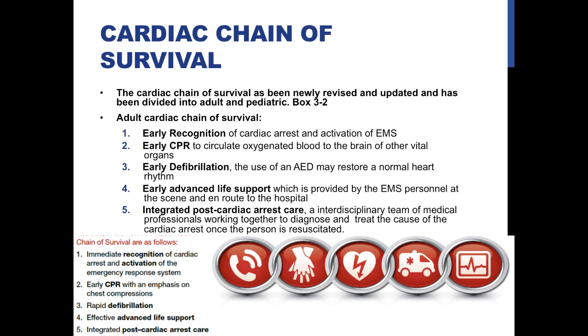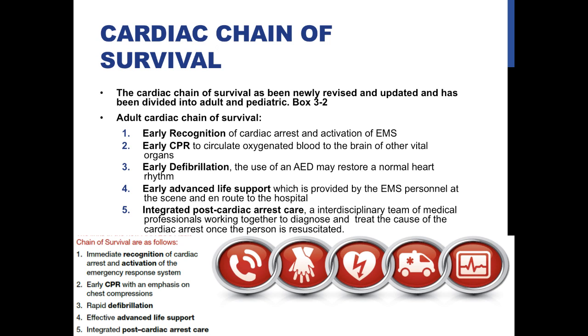So this shows you the entire cardiac chain of survival, and they have now split it into an adult cardiac chain of survival and a pediatric cardiac chain of survival. This is the newly revised version, and in box 3-2 in your text, you'll see the adult as well as the pediatric chains of survival.